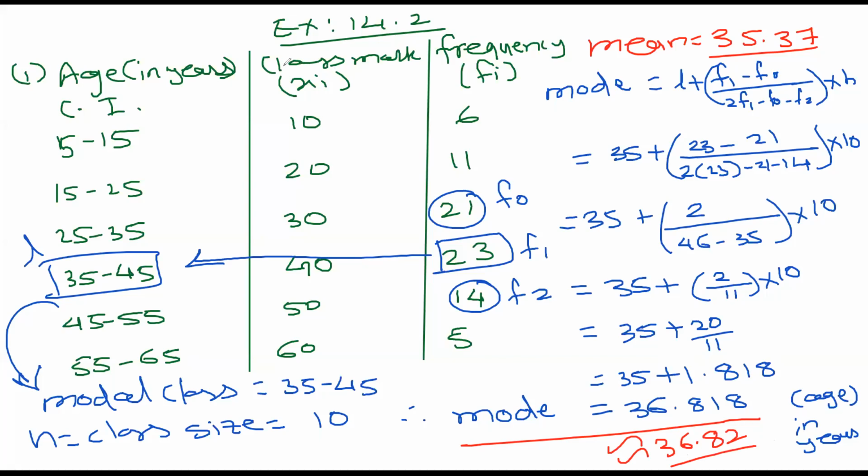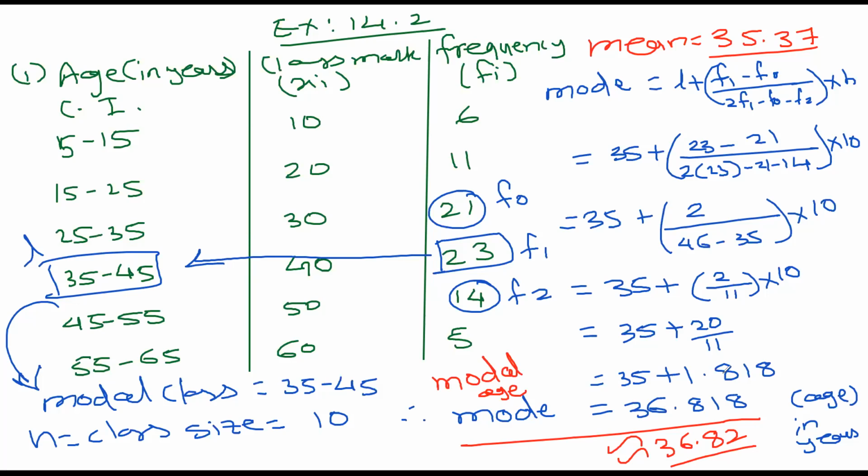Okay. All right. So what is your interpretation? Mean age is 35.37 and modal age काय म्हणायचं याला? Modal age म्हणायचं. Okay, modal age is 36.82. So what is your interpretation?